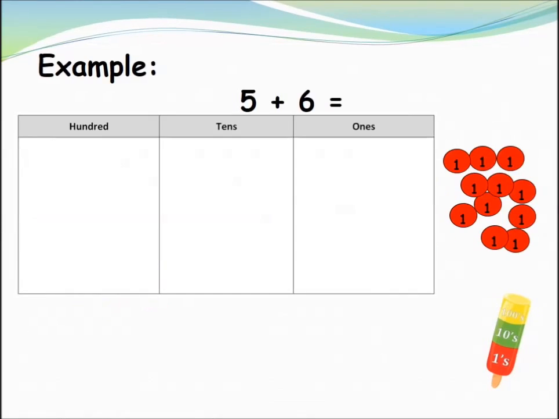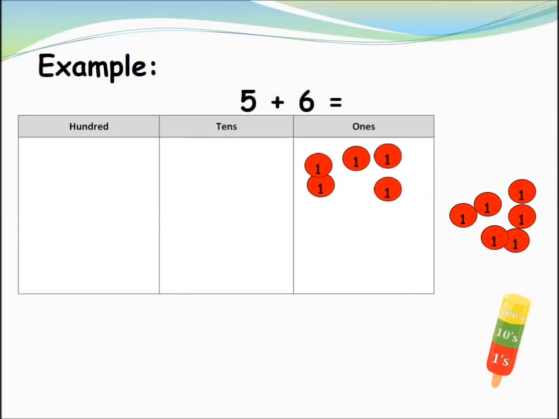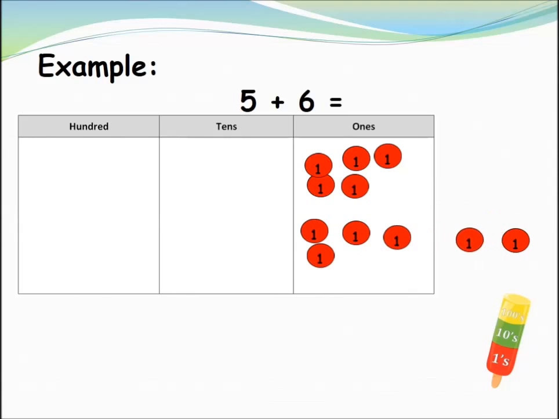So now on the place value mat, 5 plus 6, once again, we have 5 ones. So we would move 5 ones onto our mat, and then 6 ones. Five and then 6.